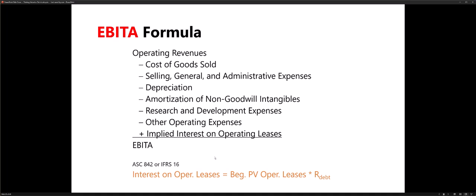That's one of the effects. And instead of rent expense, now there are two parts of it. You see an interest on operating leases. The other part is depreciation. So before it's just rent expense, now it's interest and depreciation on ROU assets.